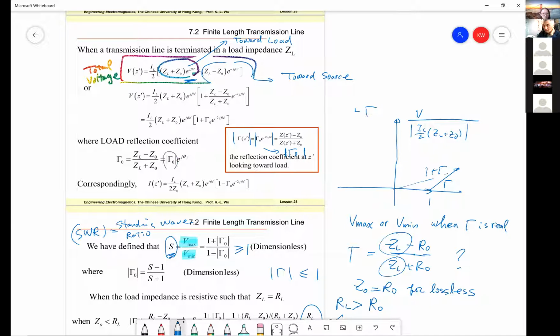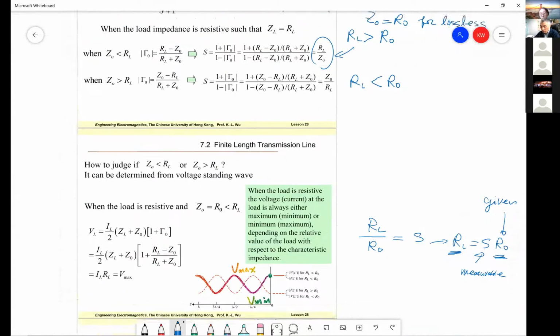That means your load minus characteristic impedance, over load plus characteristic impedance. This complex number, of course, has a magnitude and phase, but this magnitude is independent of the location.